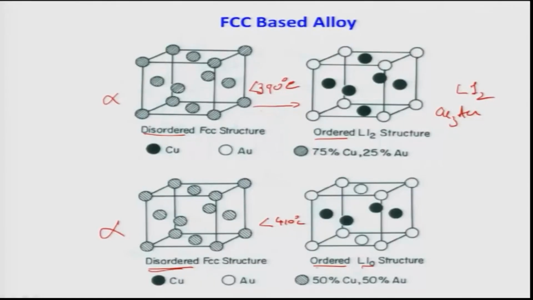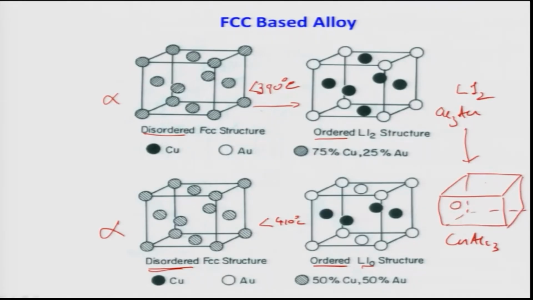So, these are all FCC alloys which have undergone disorder to order transformation, and I am just giving you gold and silver. Remember, in AuCu3 it is exactly similar, but the atomic positions will be opposite, as shown in the top figure. What is that? Let me draw the FCC unit cell.